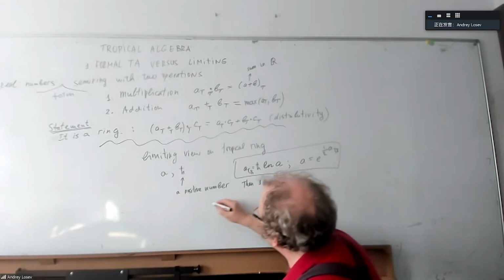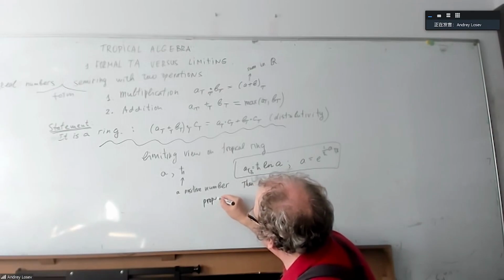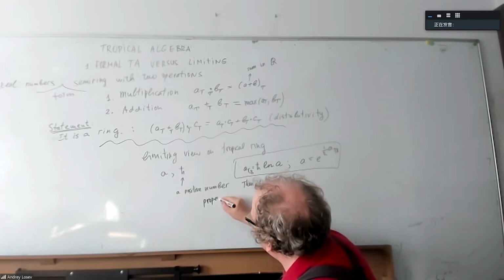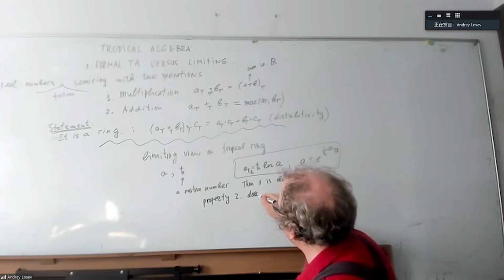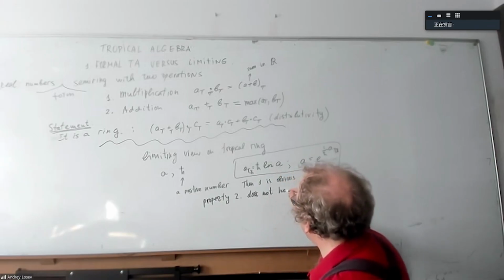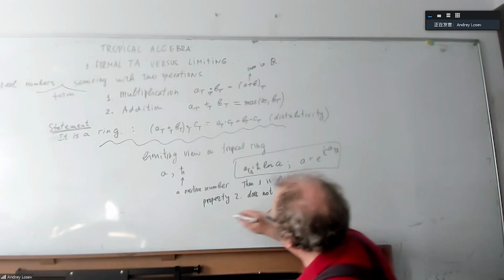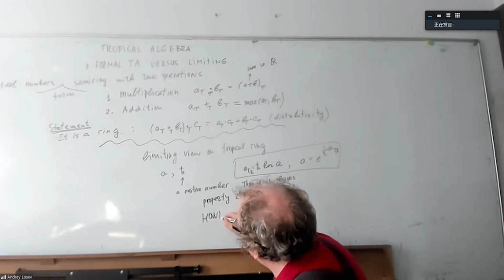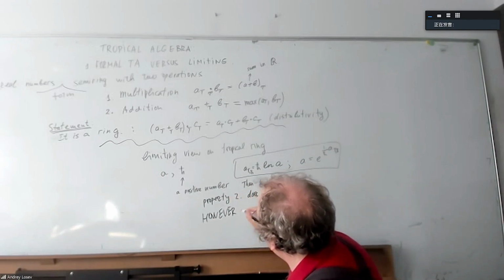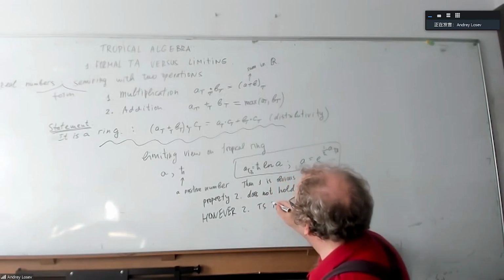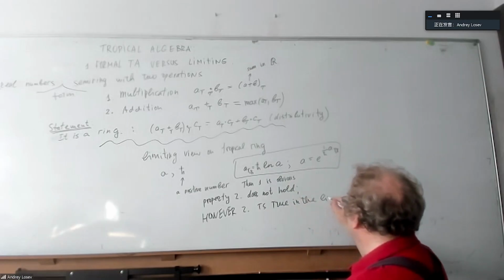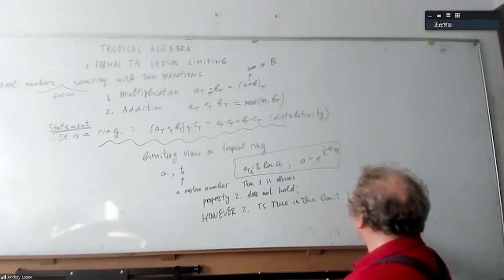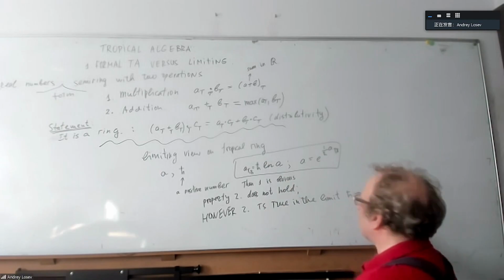Moreover, property 2 does not hold. However, property 2 is true in the limit H bar going to 0.